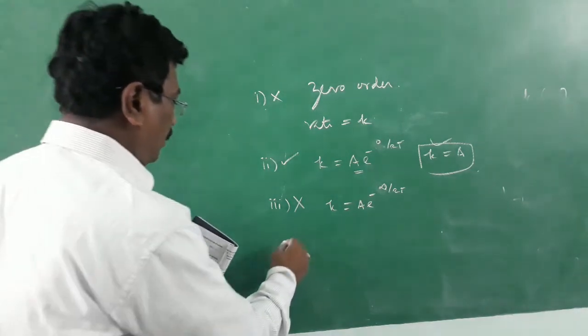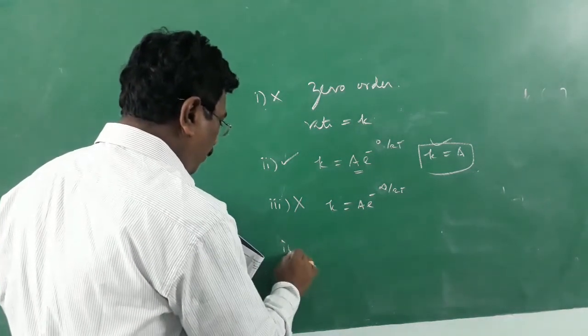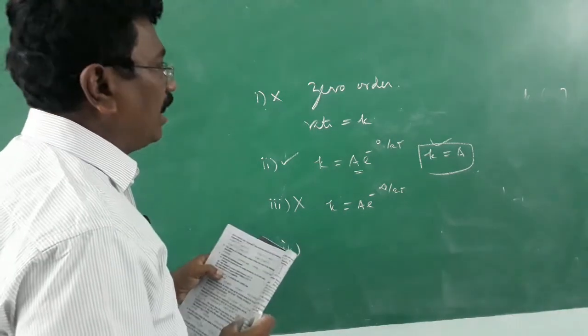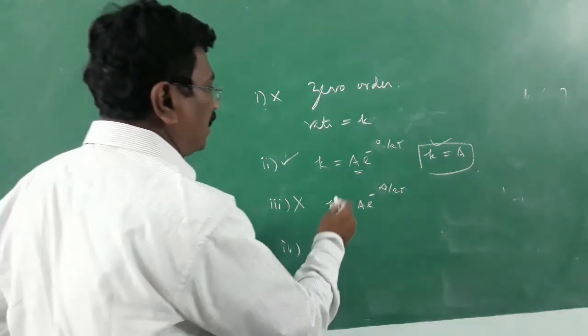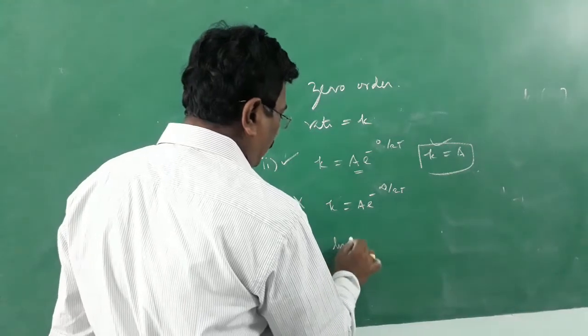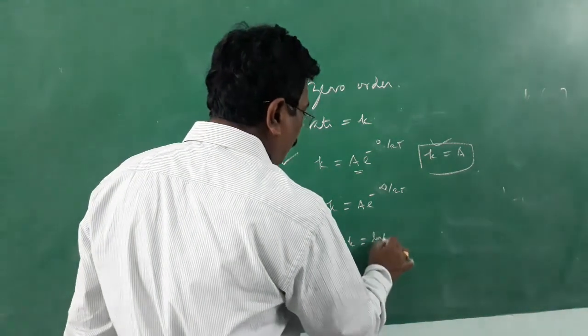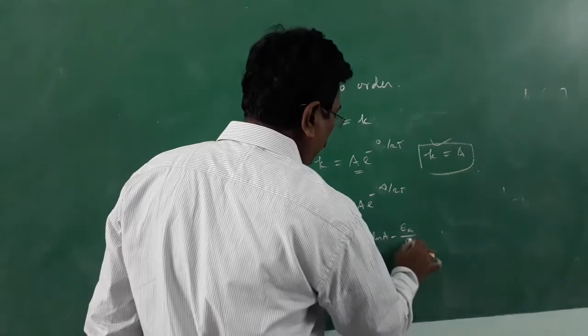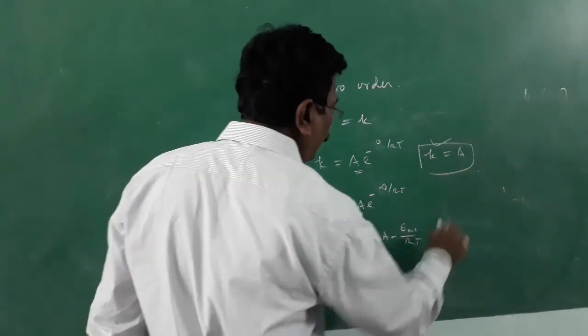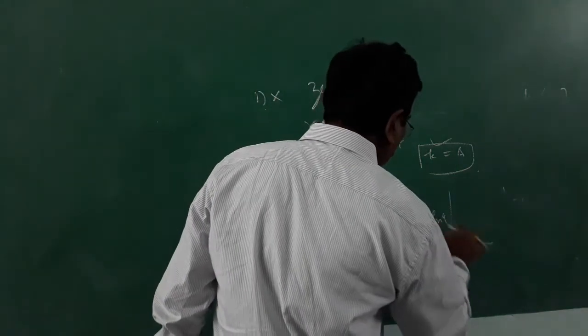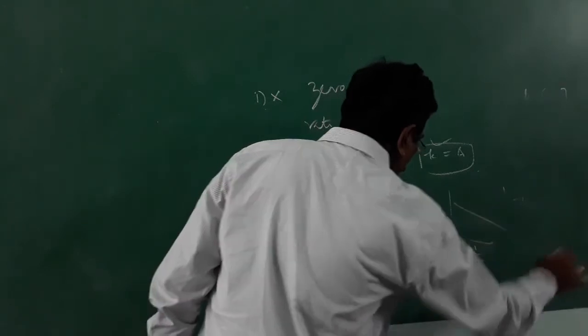The plot of ln K versus 1 by T, because the equation will become ln K is equal to ln A minus Ea by RT. So the graph of ln K versus 1 by T gives a straight line with negative slope.